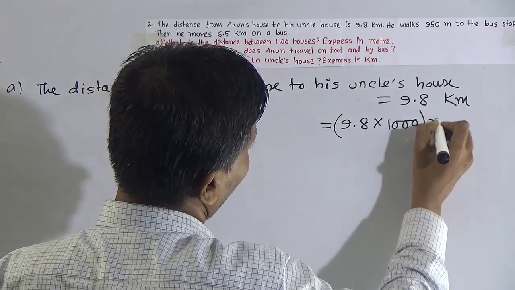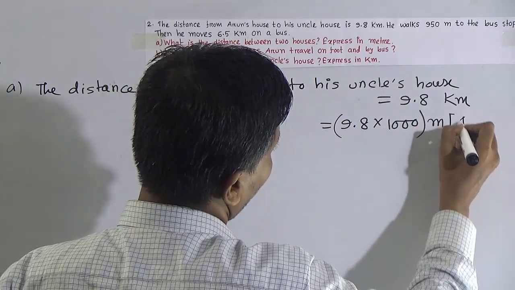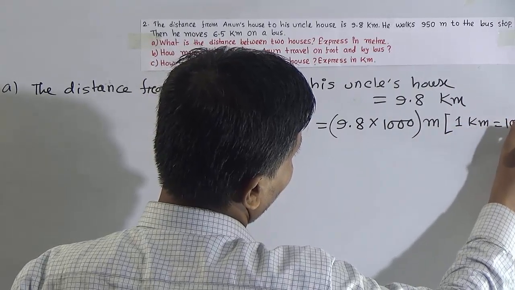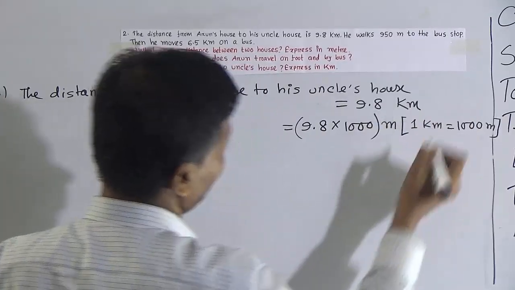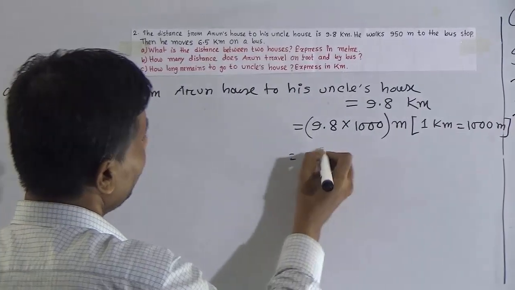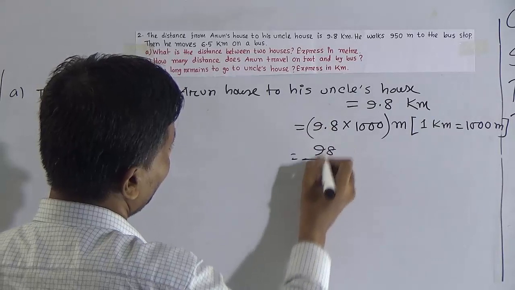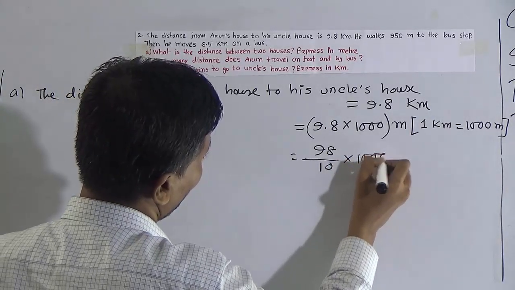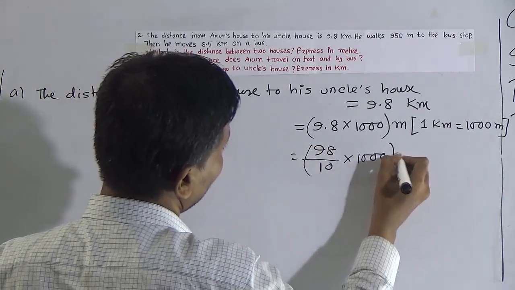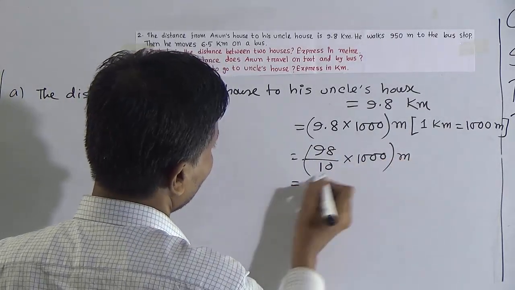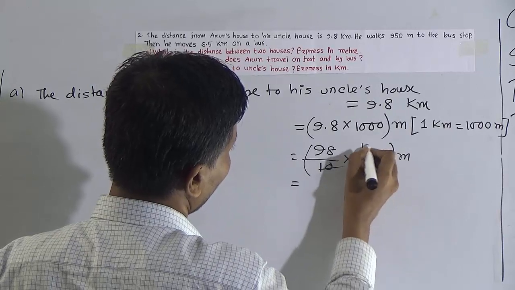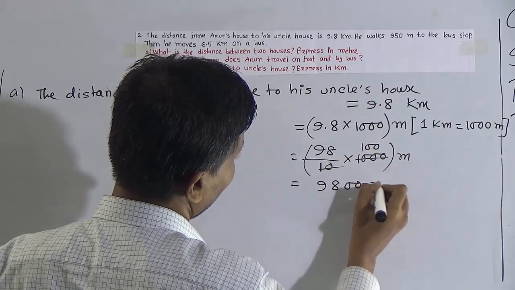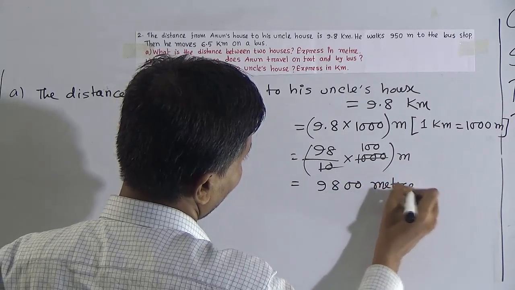This will be meter. Right here 1 kilometer equal to 1000 meter. Okay? Now 9.8 into 1000, reduce, then you get 100 and 9800 meter.